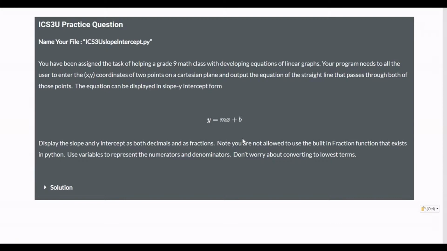But let's look at the processing here for a second, how we're going to figure out what the m and b values are. And this being a grade 9 math concept, we should have somewhat of an idea how to do this. But let's take a look.